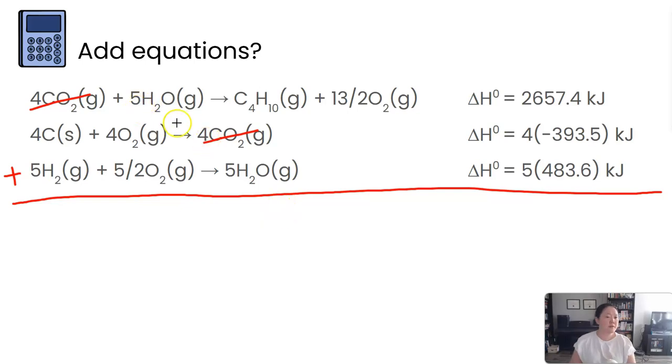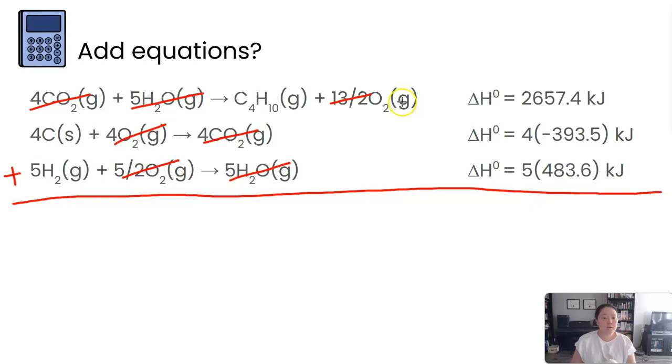You can also see that I'm using water here and I'm making water here, so overall, nothing's happening with the water. Whatever is being used gets produced again. You'll also see that there's a whole bunch of oxygen all over the place, though in this particular case, it doesn't completely cancel out. Wait, I'm wrong. They actually do completely cancel each other out.